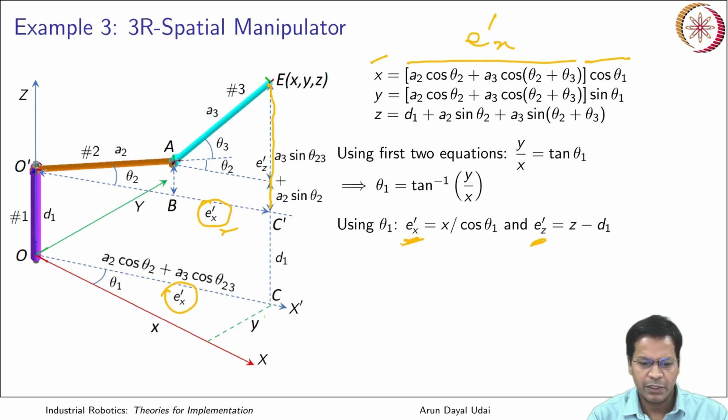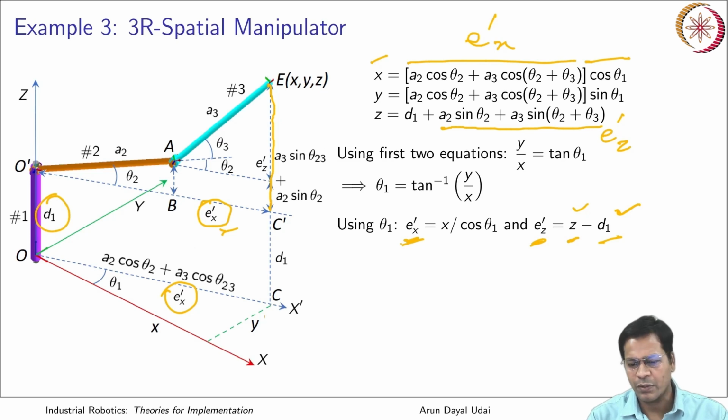As I am marking, just keep following. This is your Z dash, which is equal to Z minus D1. Both are known. Z is known. D1 is the distance from here to here, O to O dash, so this is known. X is known. Theta 1 is known from here. So X dash and Z dash are known.